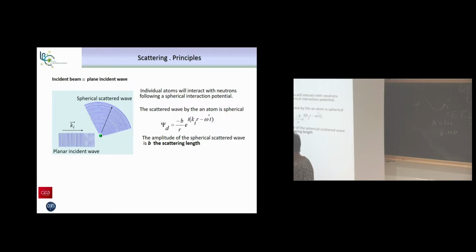And once it interacts with atoms, with the shell, the scattered wave is spherical, and it has this shape. And the amplitude of the spherical wave is what we call the scattering length. The higher the scattering length, the higher is the amplitude of the scattered wave.